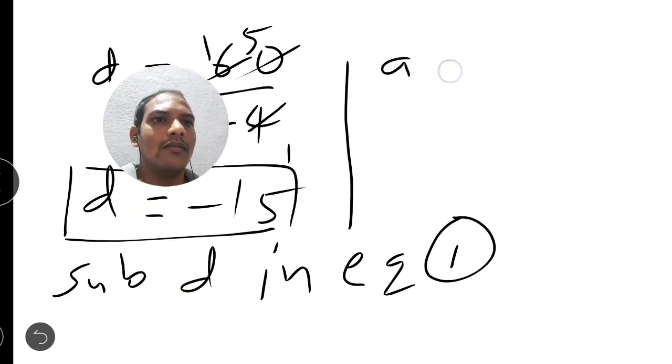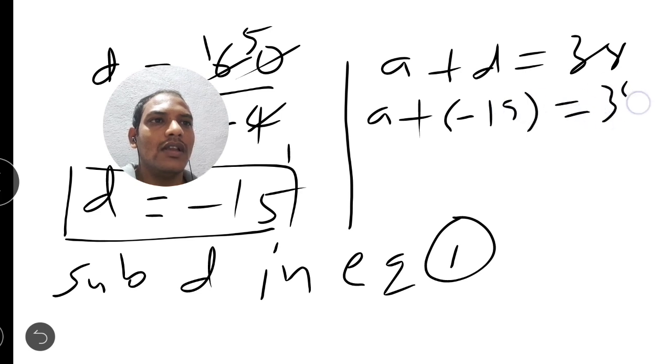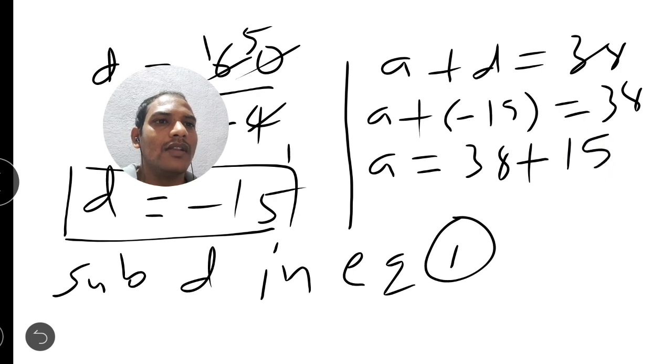So A plus D equals 38. So A plus the D value minus 15 equals 38. So A equals 38 minus 15, which will become plus 15.